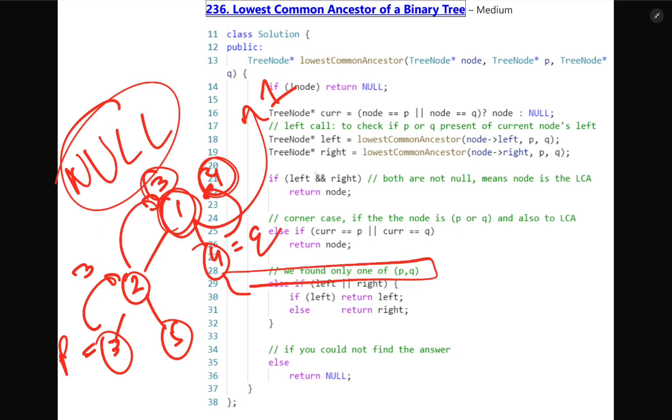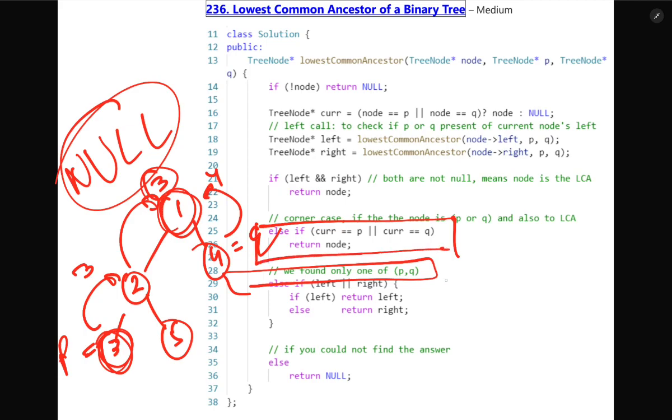From which case? From this case 1 will be returned. Otherwise, in the previous steps, what will happen is, when I say that okay, current is equals to 3, in that case this statement will be executed, which is basically, if current is equals to p or current is equals to q, then return the node.